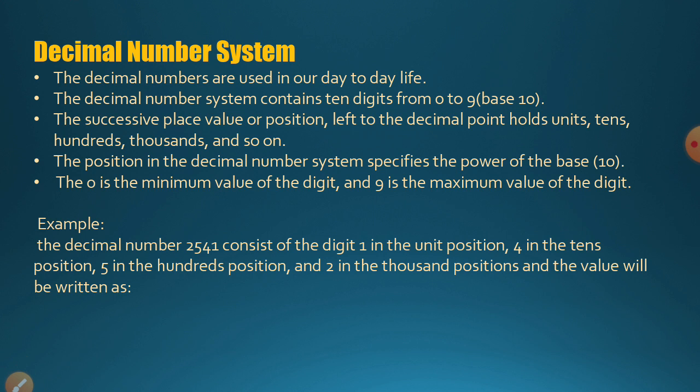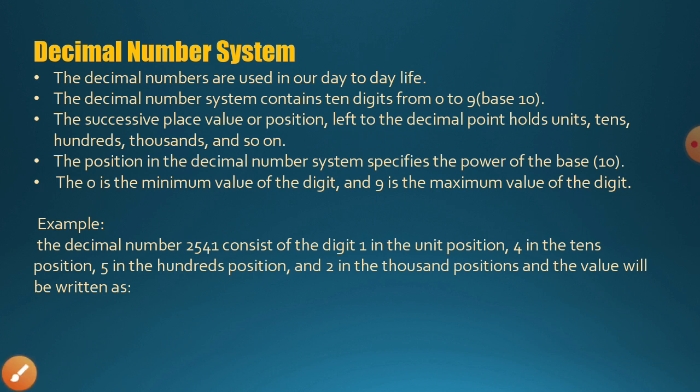The position of each digit in a decimal number represents a specific power of the base 10 of the number system. This number system is used widely in our daily life. It can represent any numeric value.